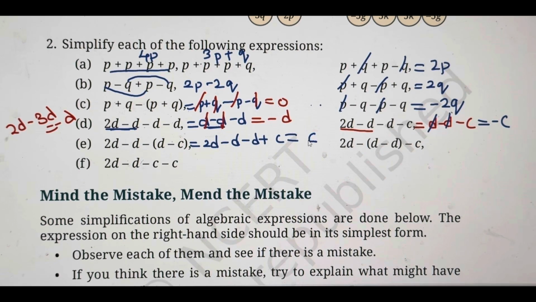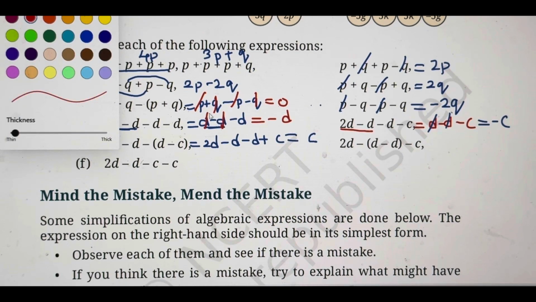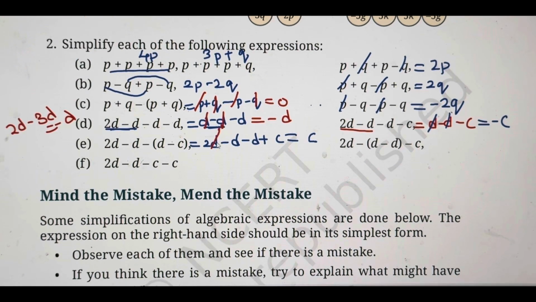So what will remain is only C, right? You can even strike off these two. This plus 2D and minus 1 is also minus 2. Okay, if you want to further break it down, you can write 2D minus 2D plus C. So then you'll get C. You can write it this way also.